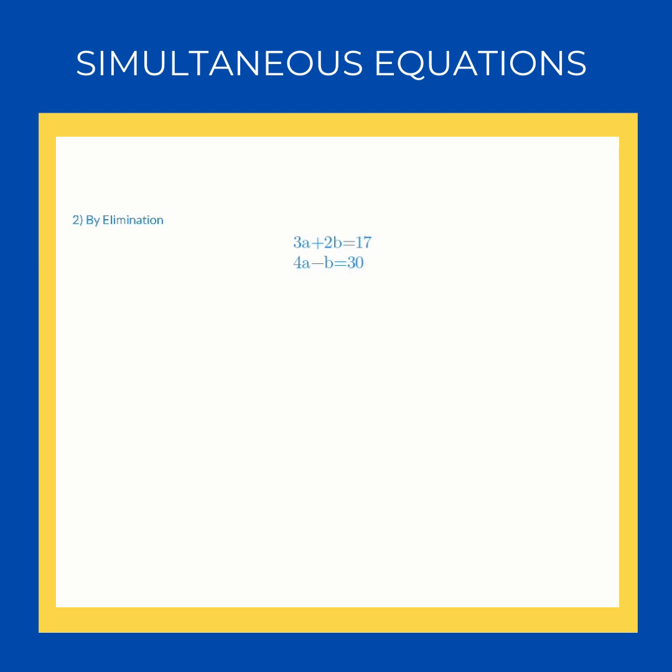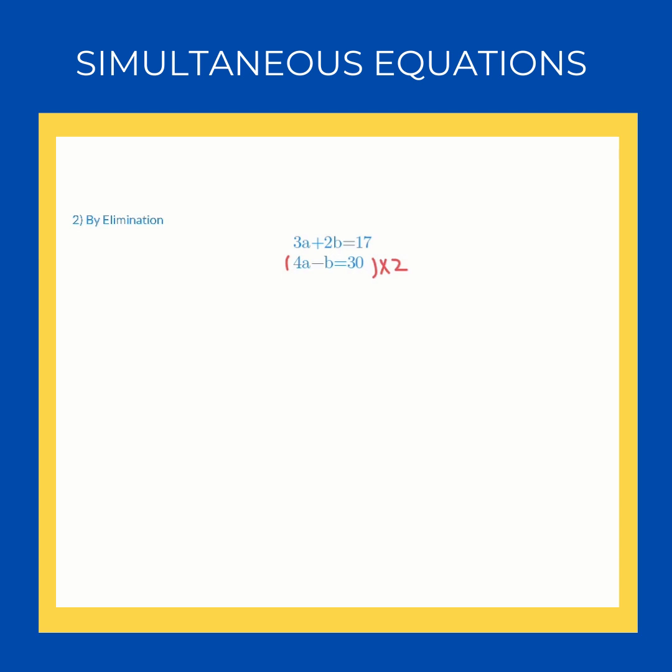So in the first equation I have positive 2b, and in the second equation I have negative b. So I want to multiply the second equation times 2 to get rid of the b.